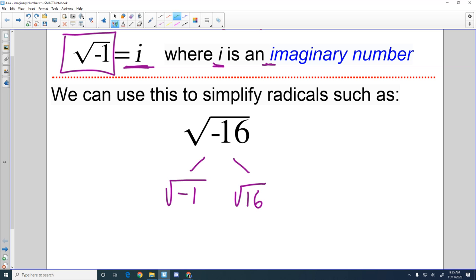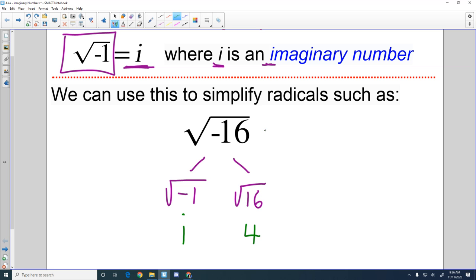I can get a number without the radical, because obviously we know the square root of 16 is 4. But how about on the left side? I've got the square root of -1. Normally we'd say there's no solution, or it's undefined. But now it is defined. The square root of -1 is i, this new imaginary number that we just learned about.